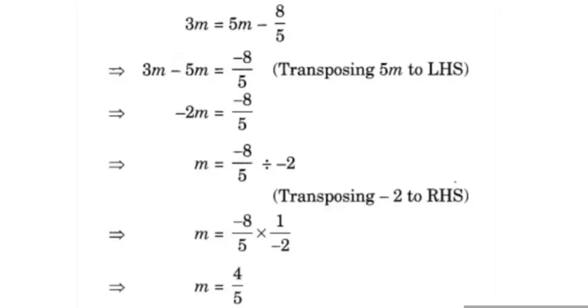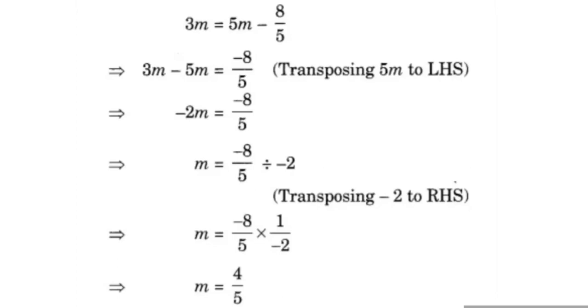Now transposing minus 2 to the right hand side, it will come m is equal to minus 8 upon 5 divided by minus 2. Means we can write it minus 8 upon 5 into 1 upon minus 2. So this will come 4 upon 5, because minus and minus will cancel and 2 fours are 8. So m is equal to 4 upon 5.